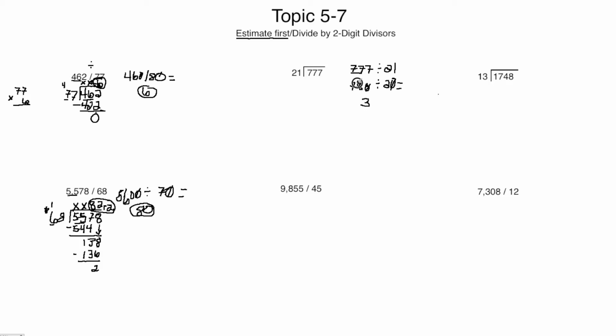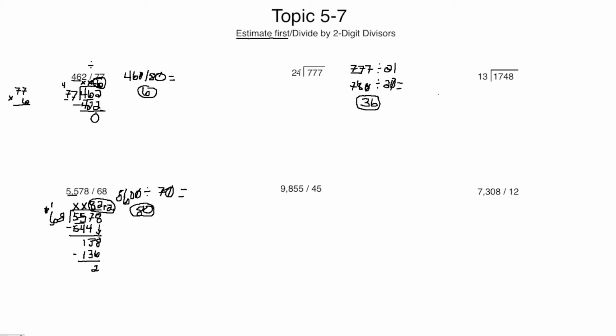That leaves 1 left over. 2 goes into 18 9 times. So you could have had 36 or 40, but my estimate is going to be pretty close to my actual, closer to the actual answer than 40 is. But if you got 40, I'd accept that.